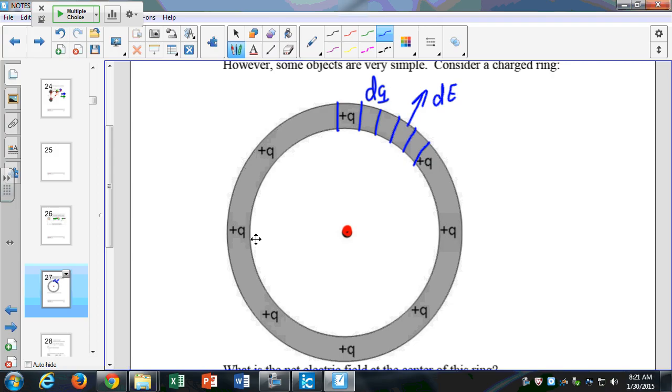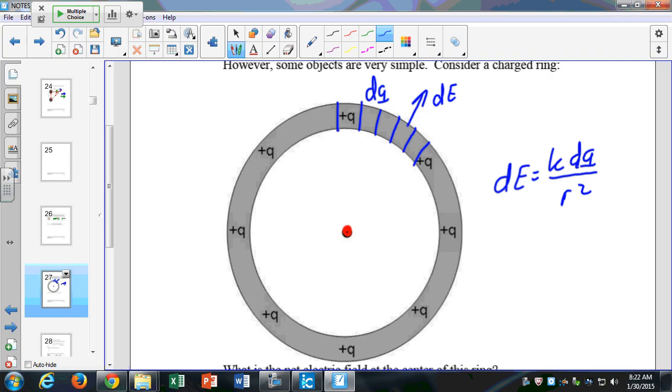And then I would sum up all those differential elements of the electric field. I would say dE is equal to k dq over r squared. I would sum them up and do an integral, integrating over that shape, and find the net electric field. Now in this case, it's easy.